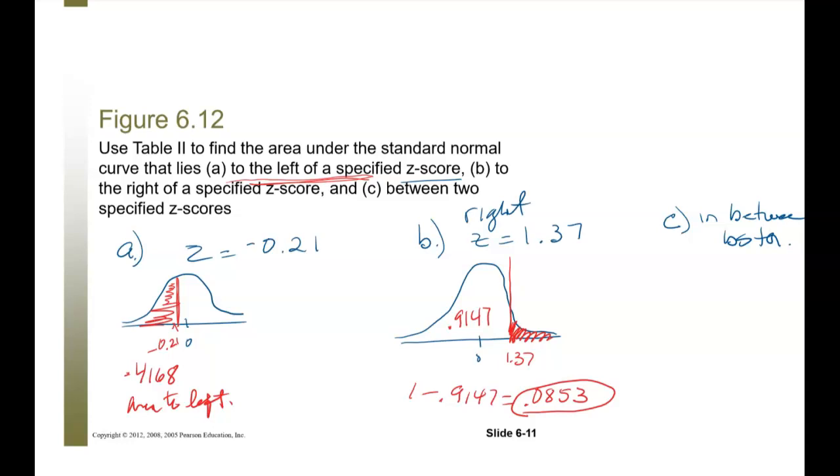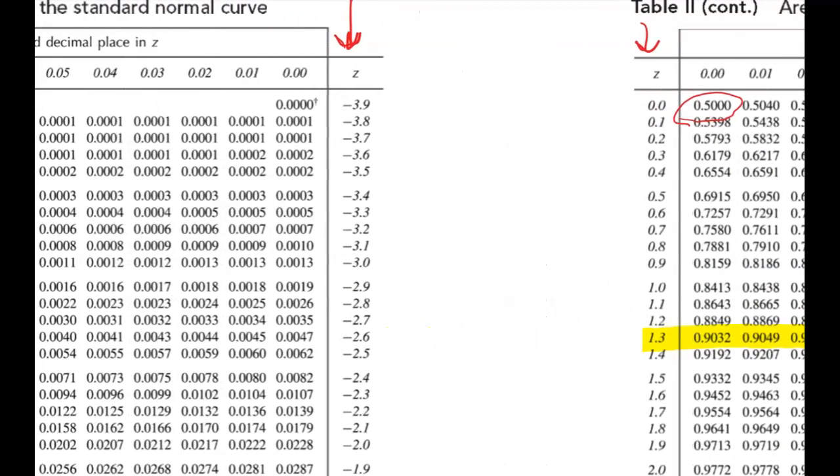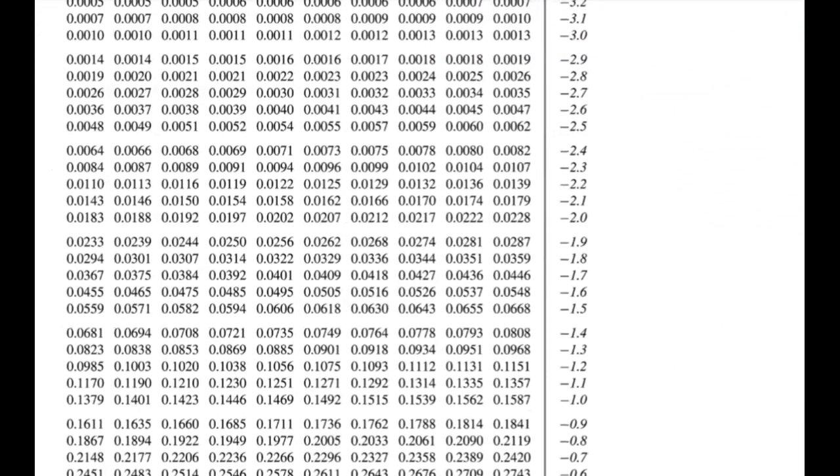Now, if you don't have a calculator, or you really want to truly understand the concept of symmetry, if on your table you looked up negative 1.37, which I know is not the number we're using, but I'm going to show you a little trick here.